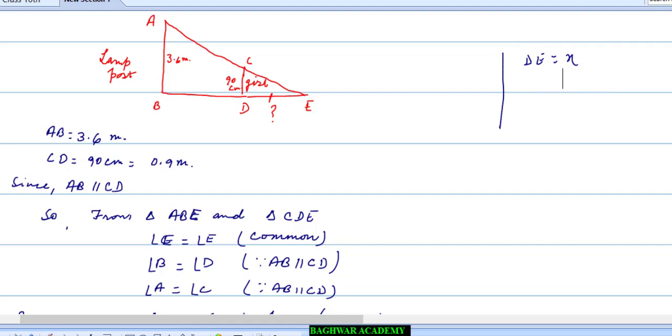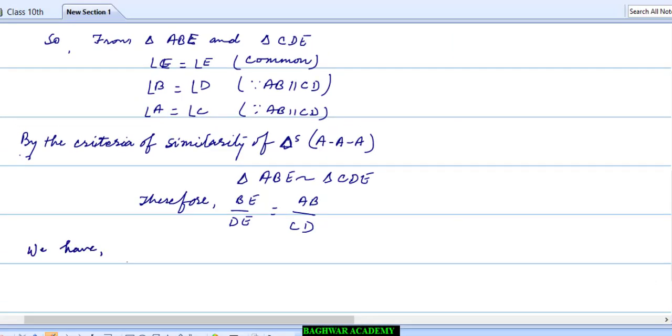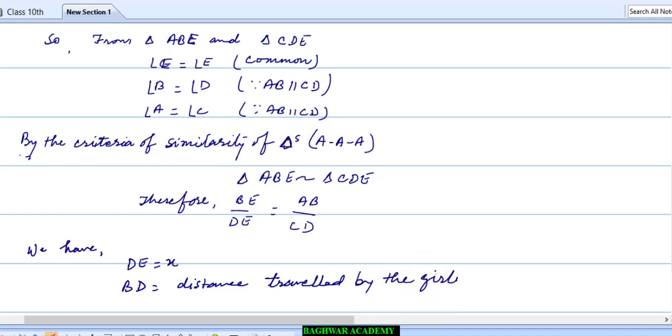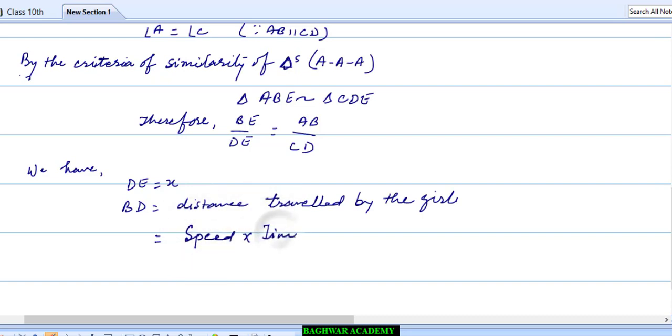So here itself you write, it will be better. DE is equal to x, we need to assume, and BD will be what? BD will be the distance travelled by the girl, and distance travelled by the girl is what? Distance is equal to speed into time.